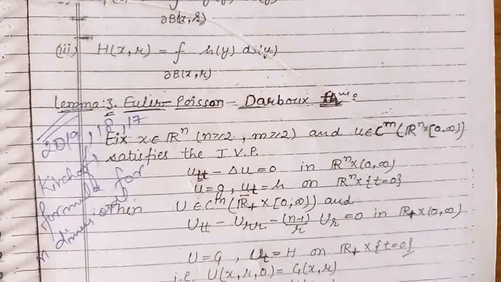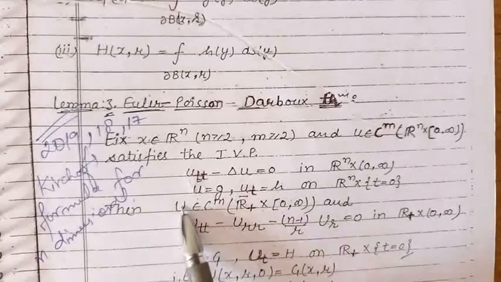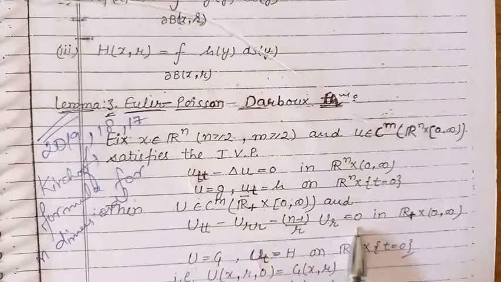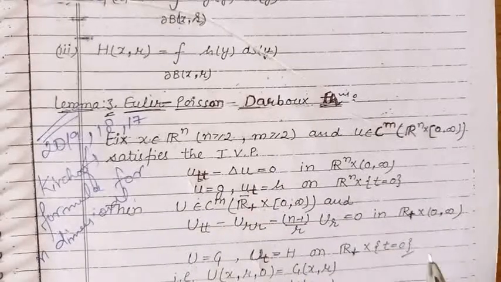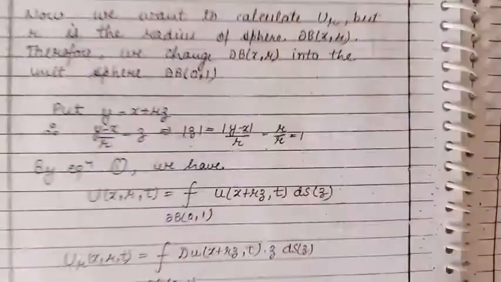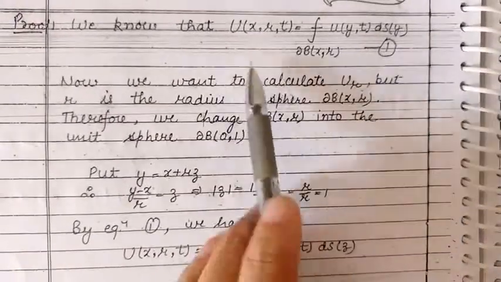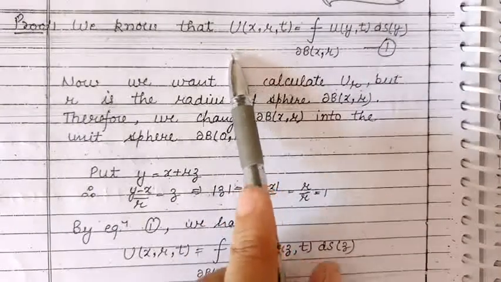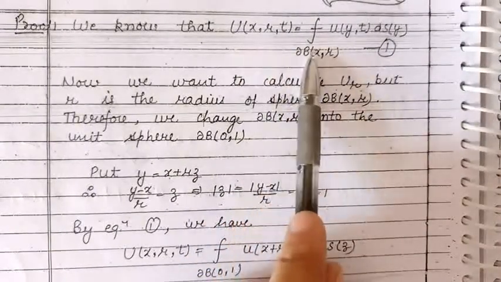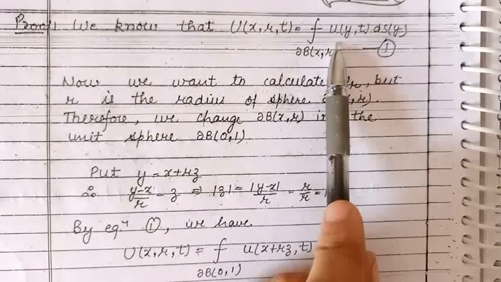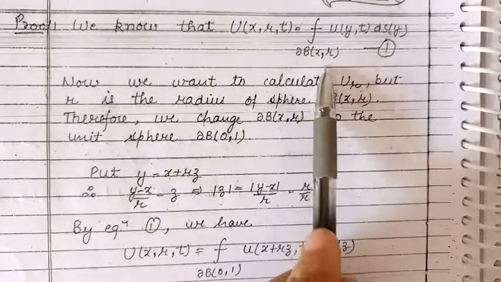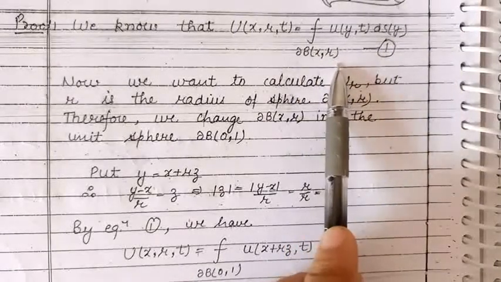So let us prove that the function U satisfies this partial differential equation. Let us find the partial derivative of function U with respect to r. Now by definition, this function U is the average of the function small u over the sphere with center x, radius r.